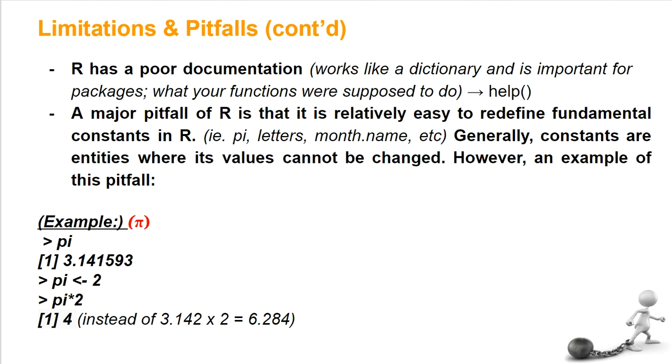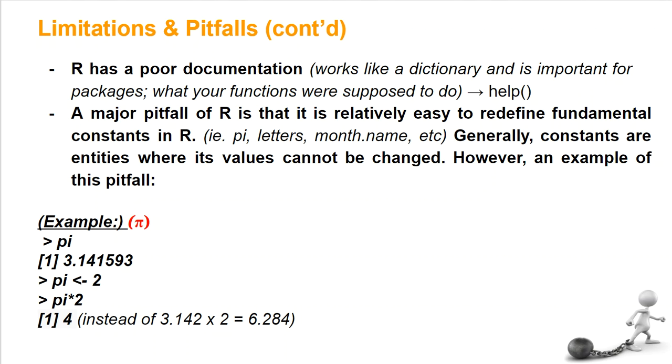Additionally, a major pitfall of R is that it is relatively easy to redefine fundamental constants in R. For example, it includes things like pi, letters, month, dot, name, and so forth. Generally, constants are entities whose values cannot be changed. However, an example of this pitfall is shown below.